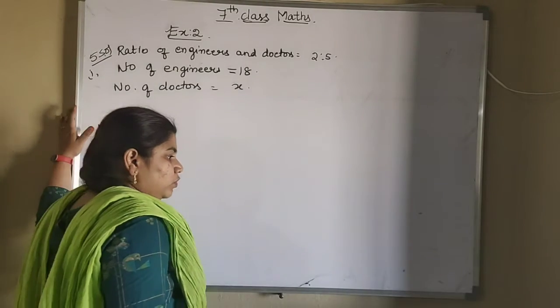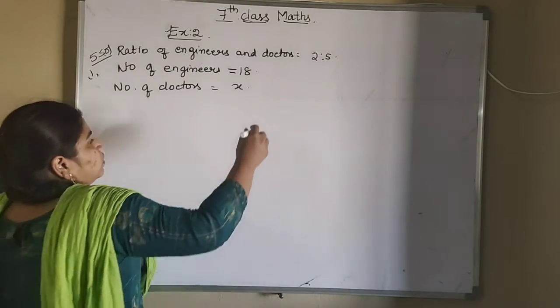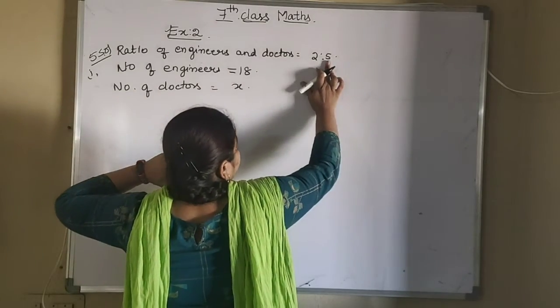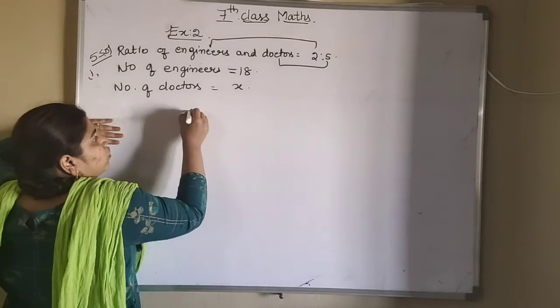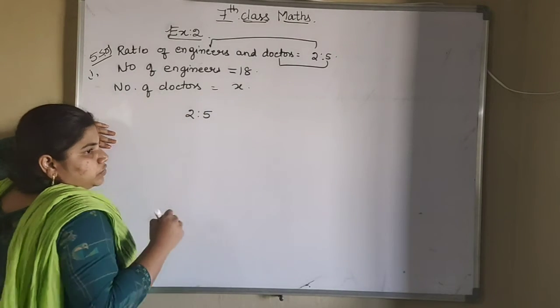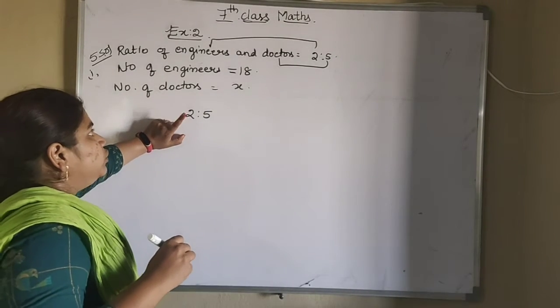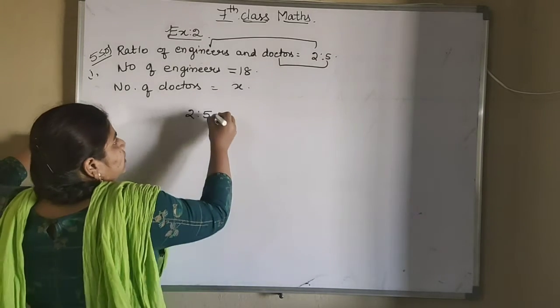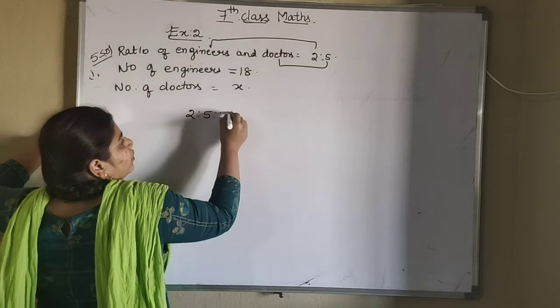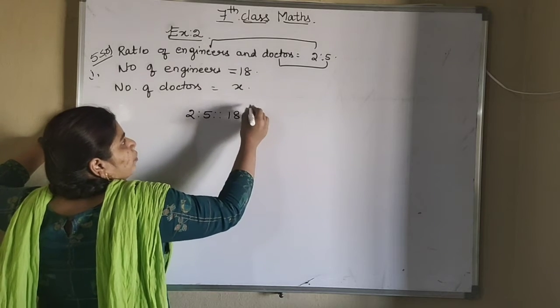Again I am using proportionality only. These are engineers and these are the doctors. First engineers, then doctors. The ratio is 2:5. Ratio of engineers is 2 and ratio of doctors is 5. In the same way, how many engineers are there? They have given 18. How many doctors are there?